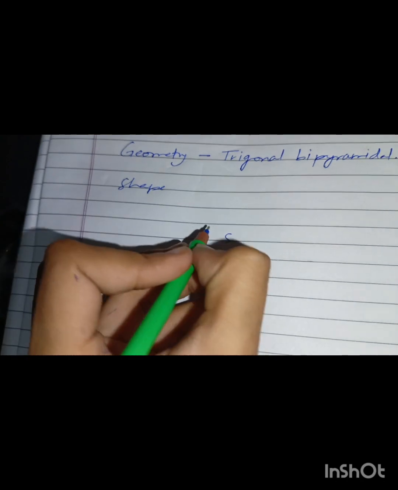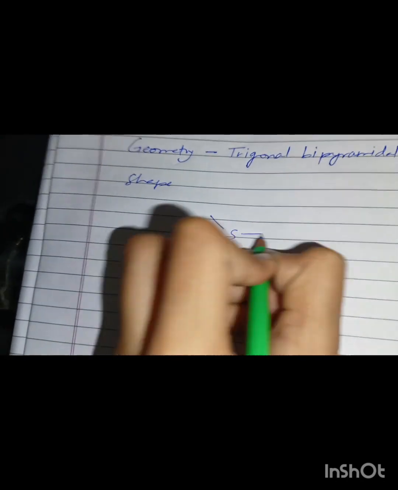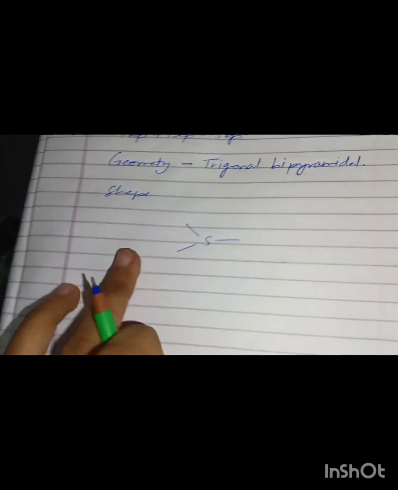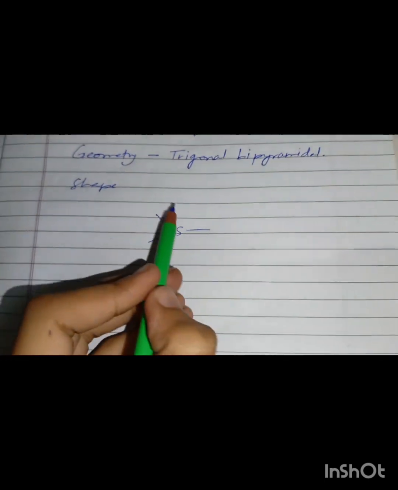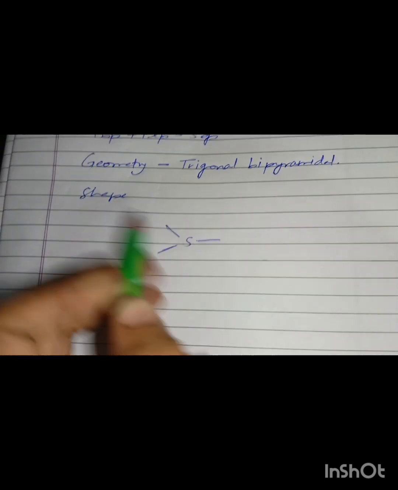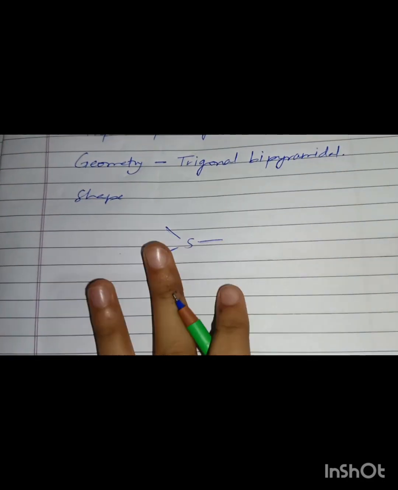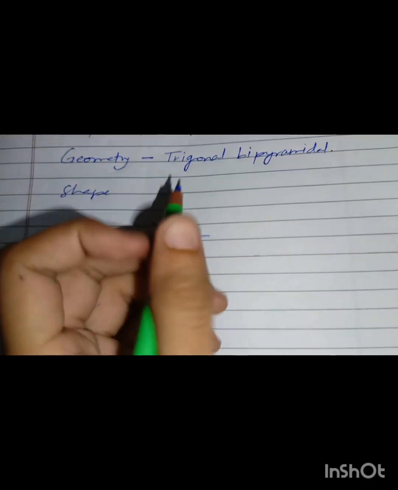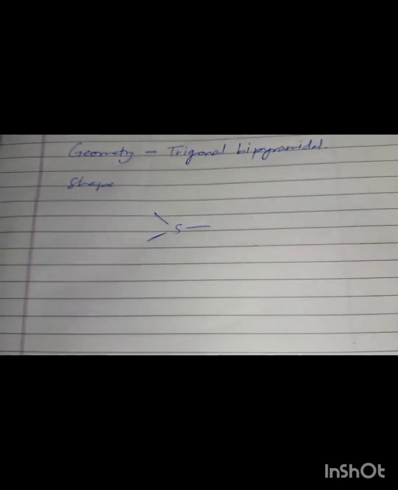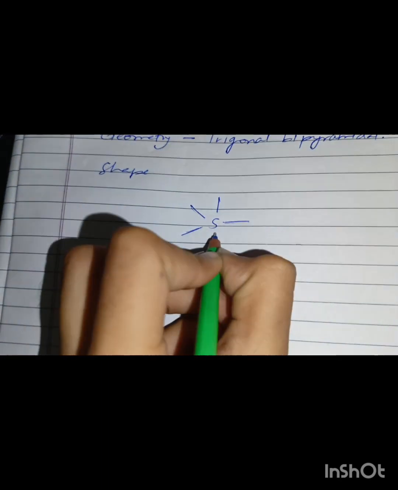So on this, these are called equatorial positions. So remember this thing, that lone pairs are always placed on the equatorial position and these are axial.